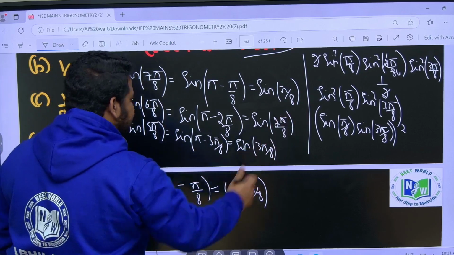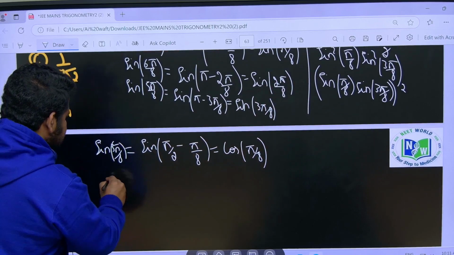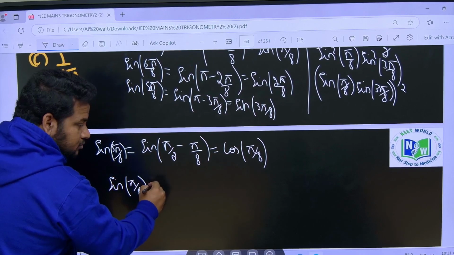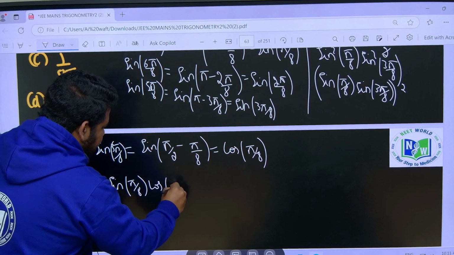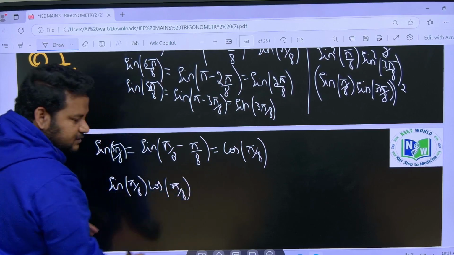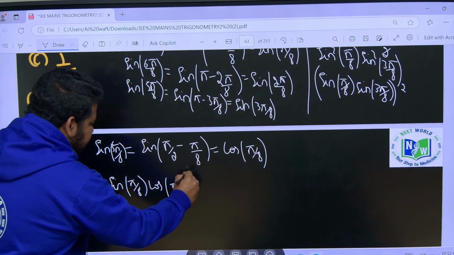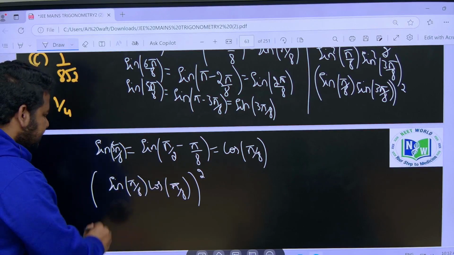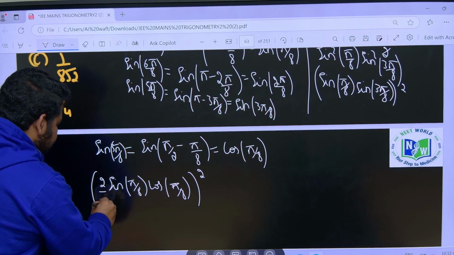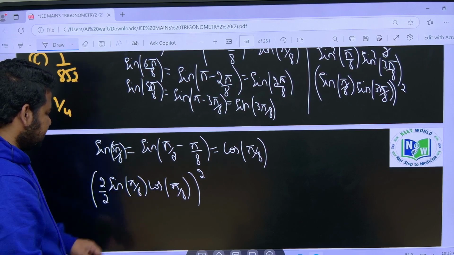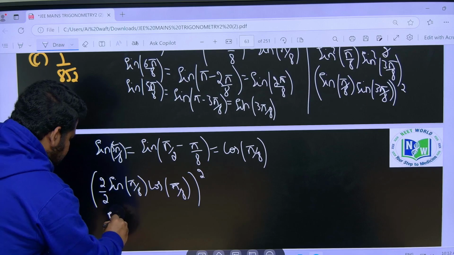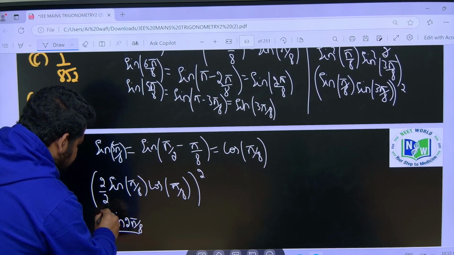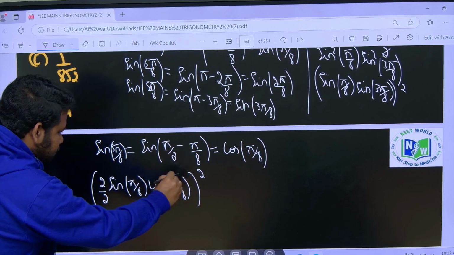So if I substitute the value there, what will I get, friends? I can write it as sin pi by 8 into cos pi by 8, whole square, correct? But I want 2 sin theta cos theta, so I can multiply by 2 and divide by 2. So 2 sin theta cos theta is sin 2 pi by 8, and divided by 2 square, which is 4.